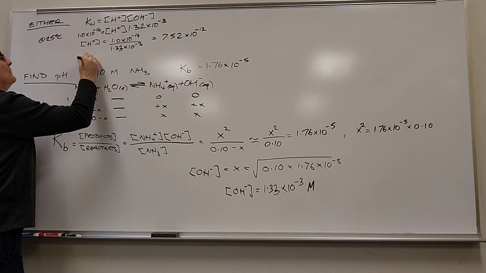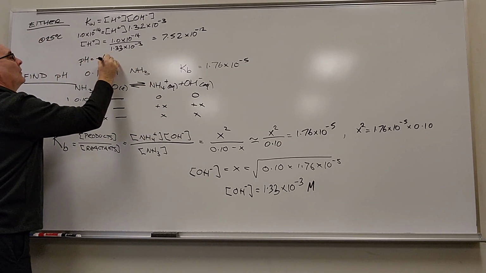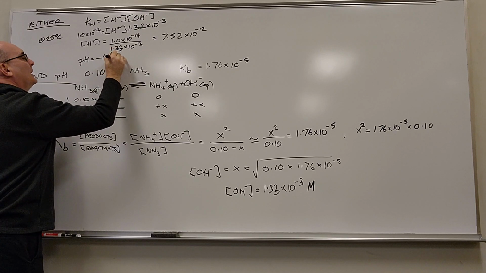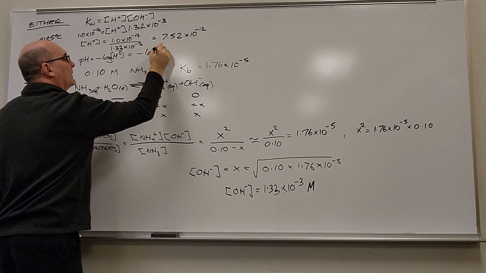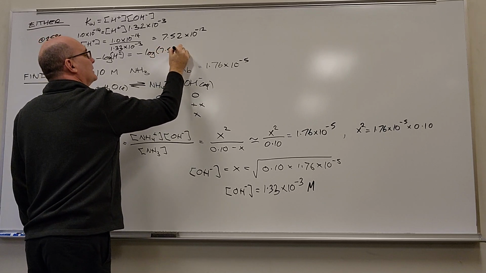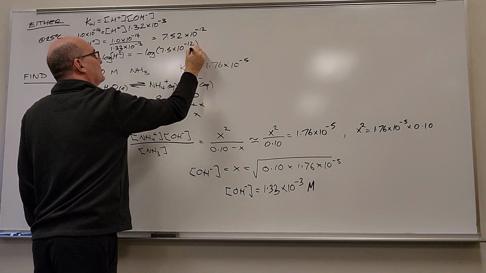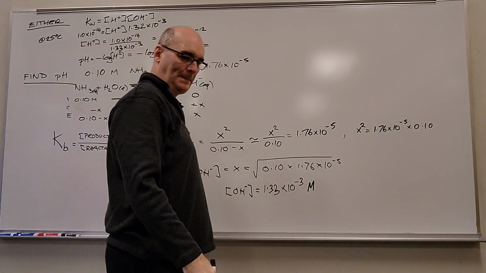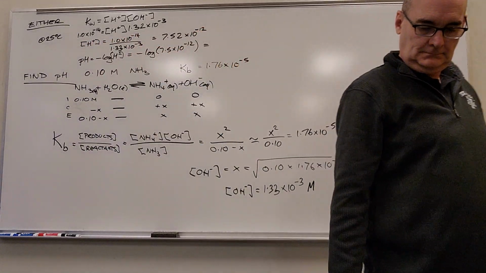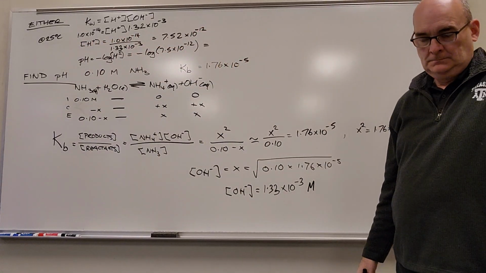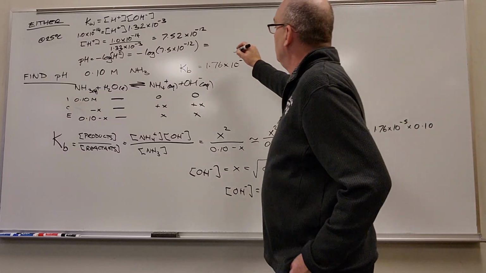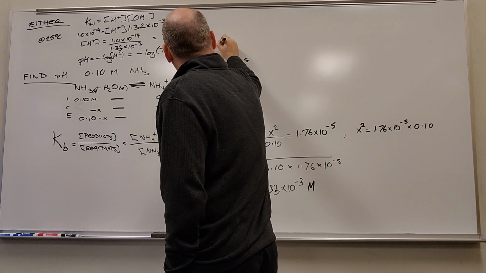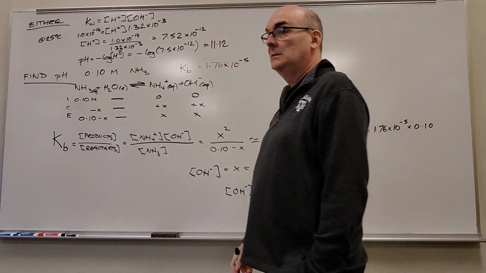Okay, and then pH is the negative log of the H plus concentration, which is the negative log of 7.5 times 10 to the negative 12. Is that a number somewhere between 0 and 14? Yes.